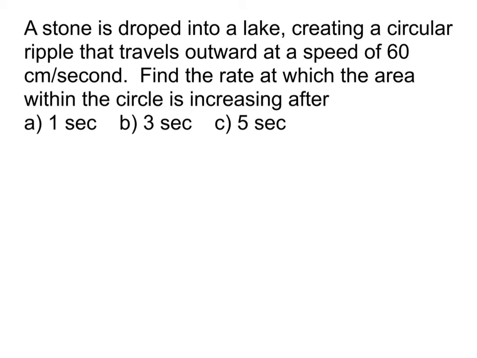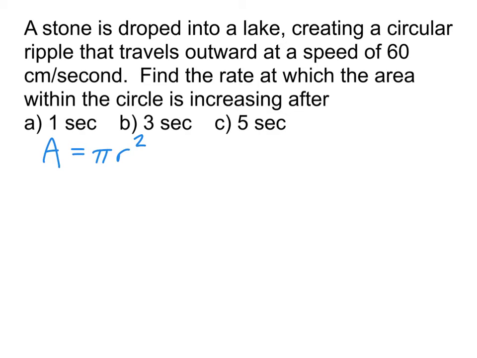Now, area is something we can actually go to fairly quickly, or at least I hope we can, because we're talking about a circle. We can actually figure out what is the area of the circle. Remember the formula? Area of a circle equals pi r squared. Yep. So our area equals pi r squared.